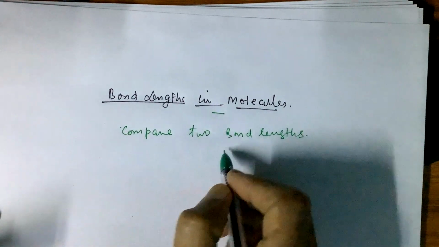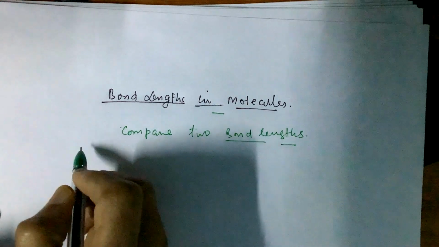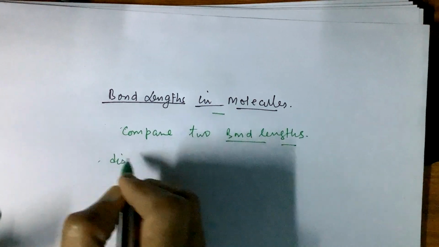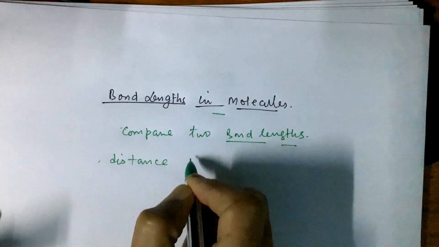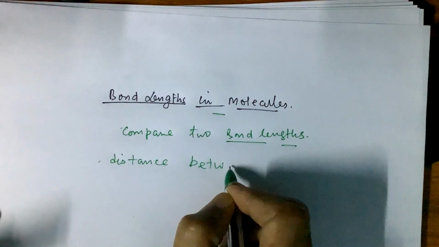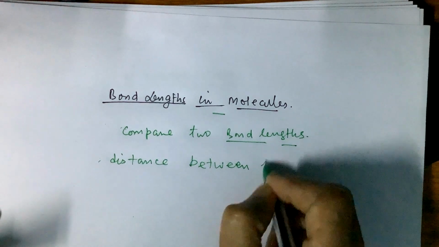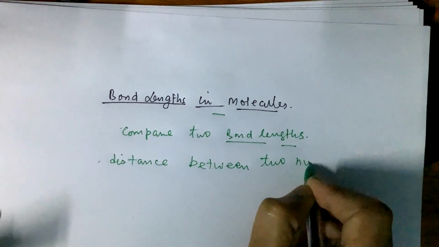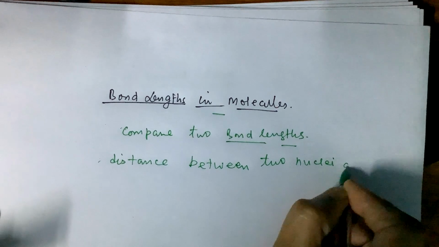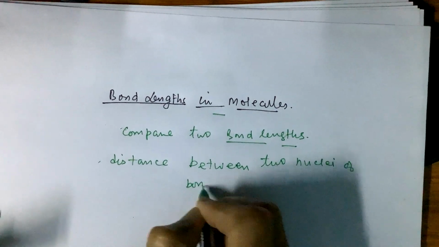First of all, we will see what bond length is. Bond length is the distance between two nuclei of bonding atoms.